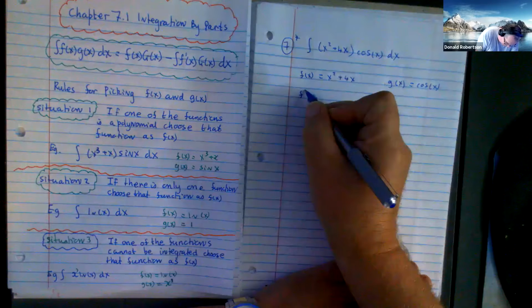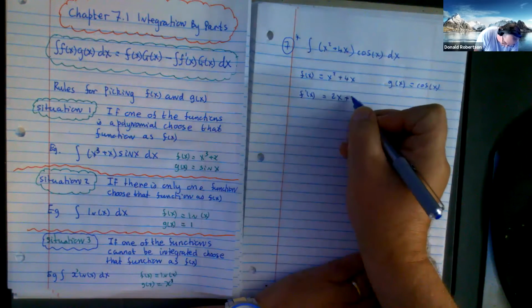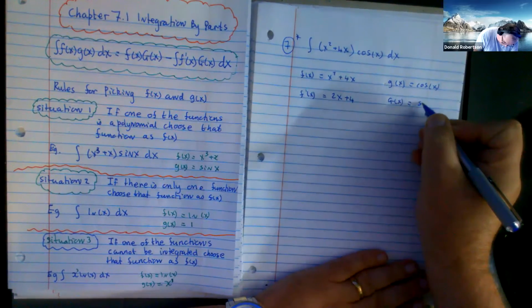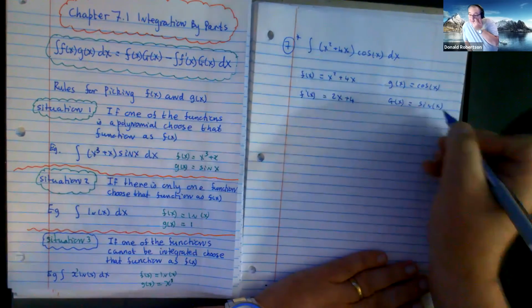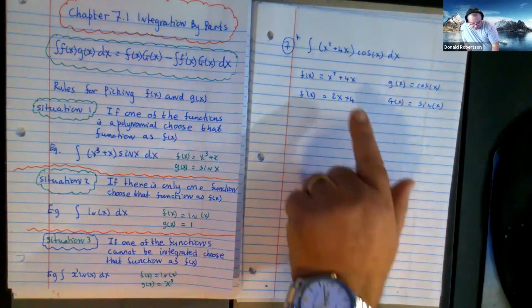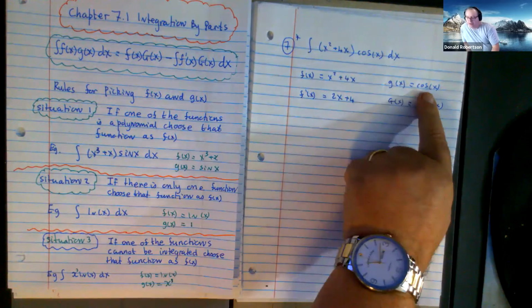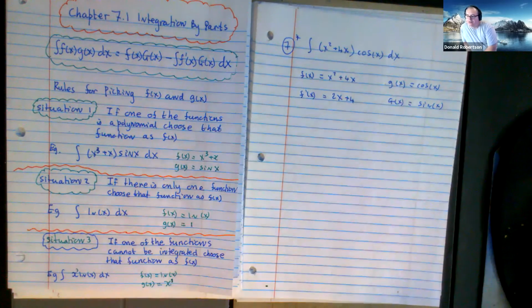Now, once they get a little bit complicated, I actually kind of like to do this as my working. So not only do I say who f and g is, I actually find out what their derivative or integral is. Are you okay about the integral of cosine being positive sine? Right.